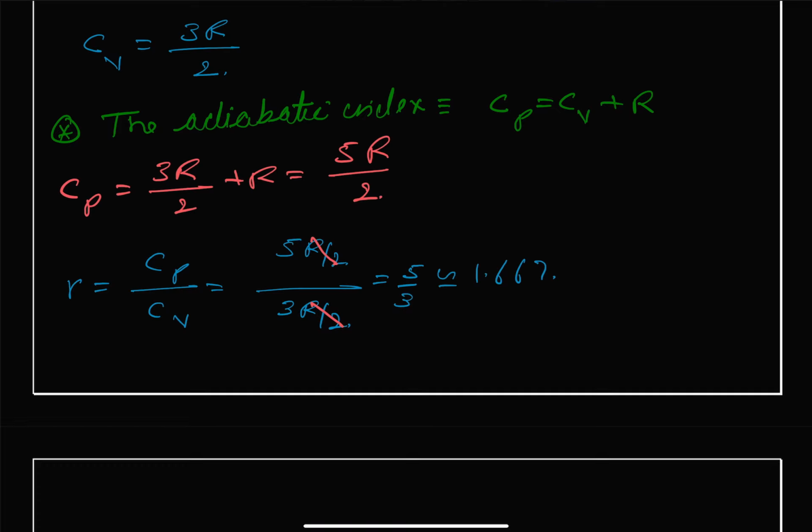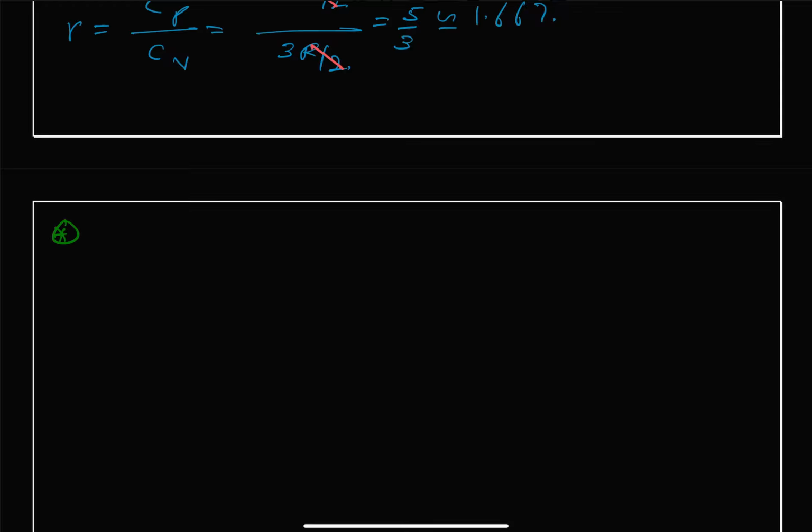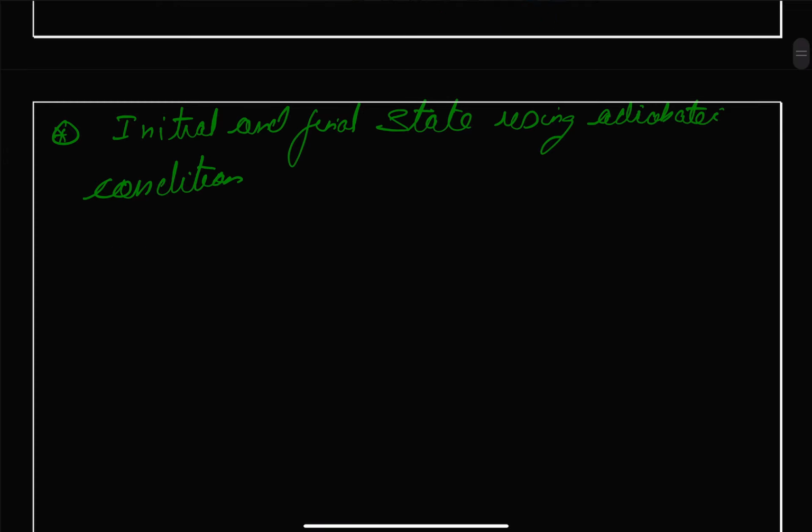Now we are going to find the relationship between pressure and volume for the adiabatic process, between the initial and final state using the adiabatic condition, and that is a standard formula.